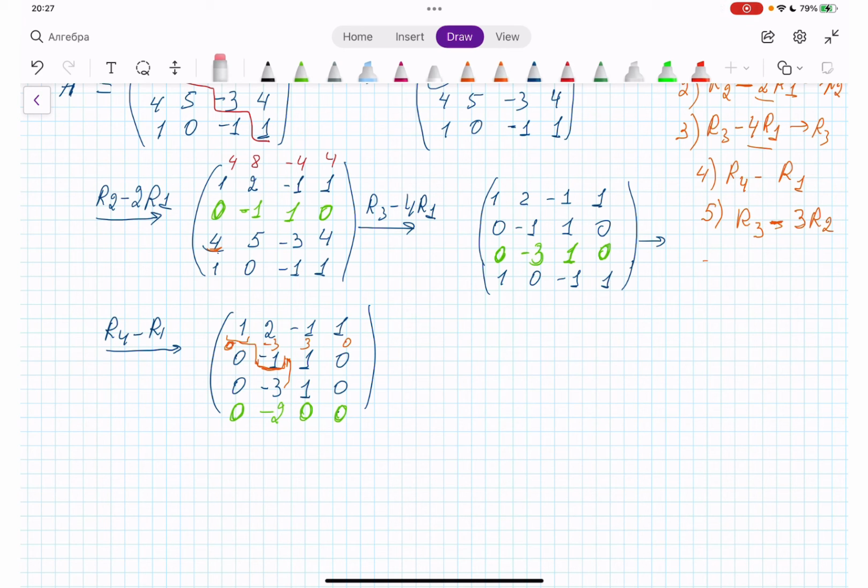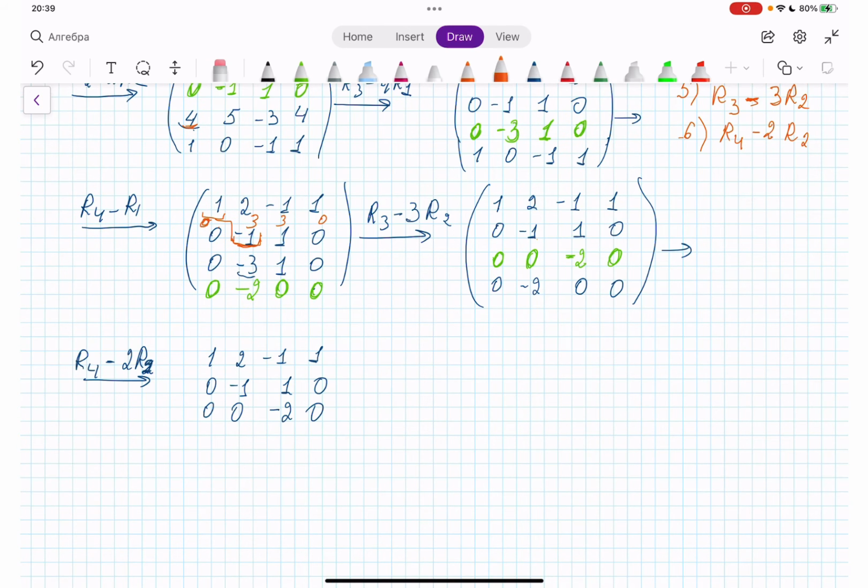Next step, I need to multiply the second row by 2, so let's do it. This is going to be 0, 0 times 2, negative 1 times 2, it's going to be negative 2. 1 times 2, it's going to be 2. And here is going to be 0. And then we are going to subtract the first row minus the second row. So 0 minus 0, we are getting 0.